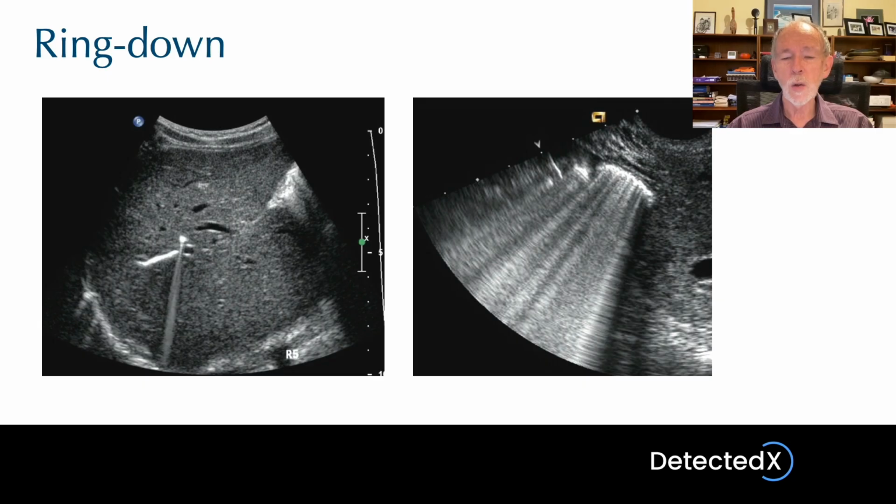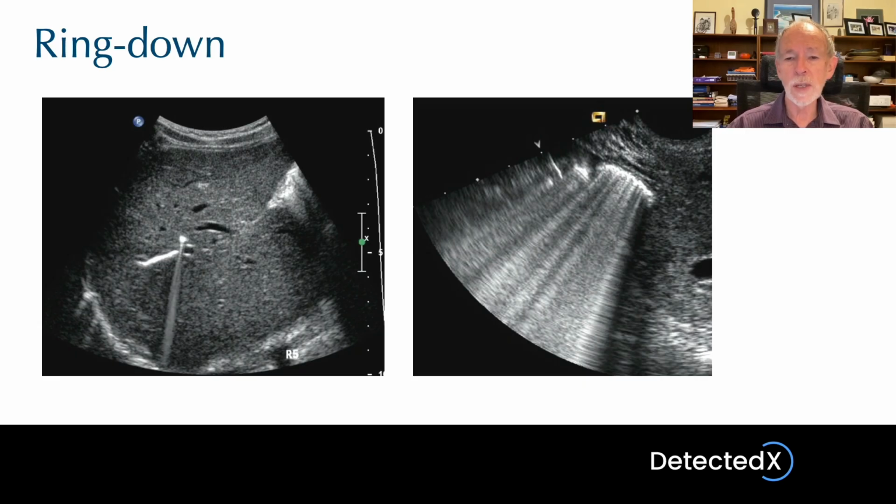On the right, we have a much more spectacular example due to a large number of gas bubbles. And so now we can just see a mass of bright echoes, and you can see right away that this is going to completely prevent us from imaging the tissues within that region.